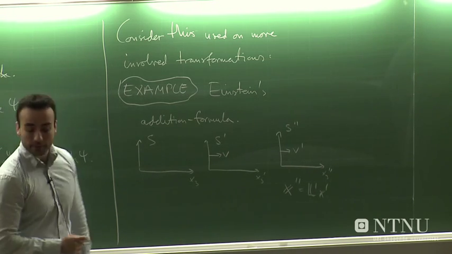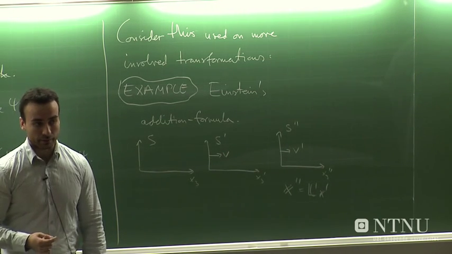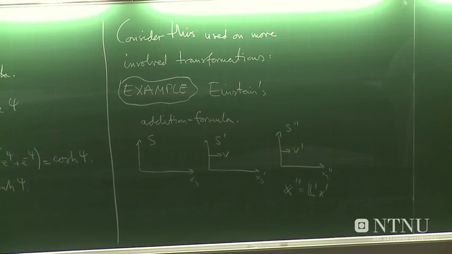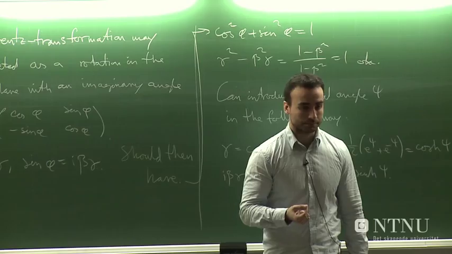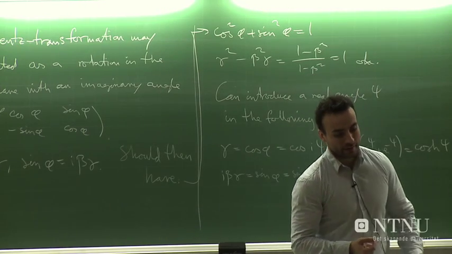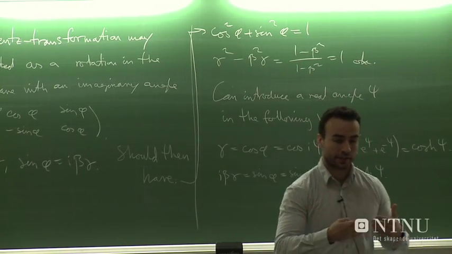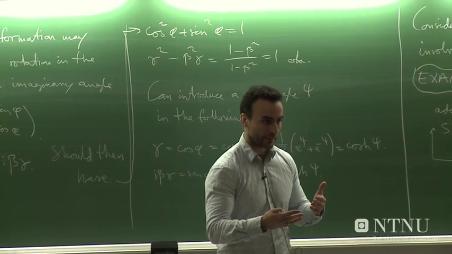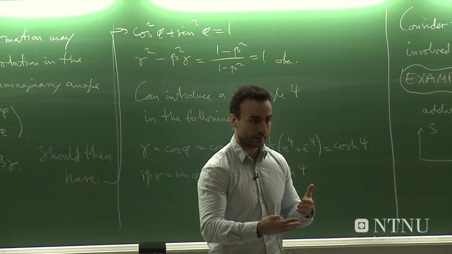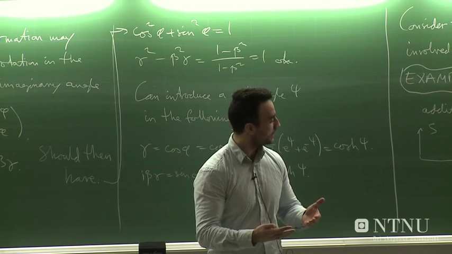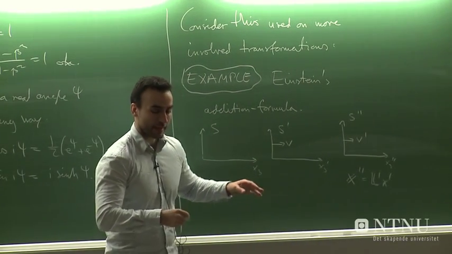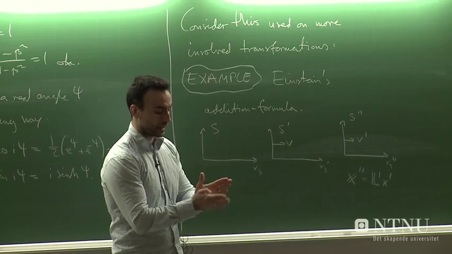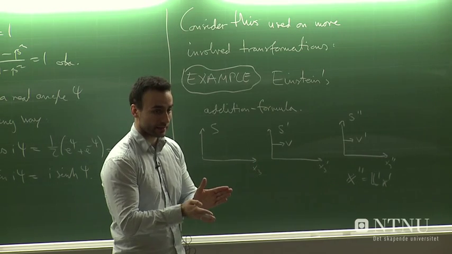That's one way to do it, which will give the correct result, but this angular representation makes perhaps the maths a little bit easier, because we know that two consecutive rotations can be represented as an effective single rotation. So we can think of this transformation going from S to S prime as a rotation with an angle phi in the x3, x4 plane.